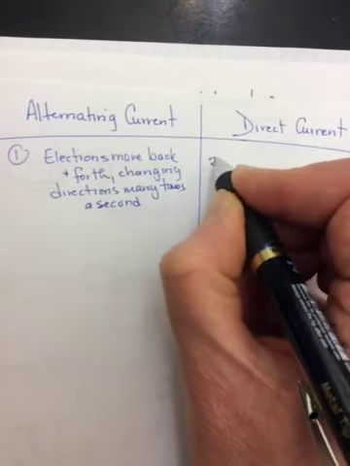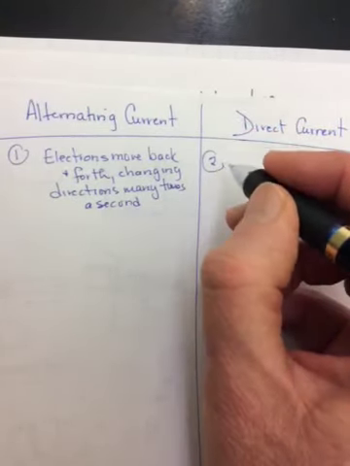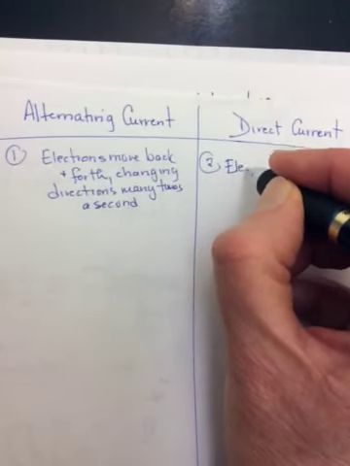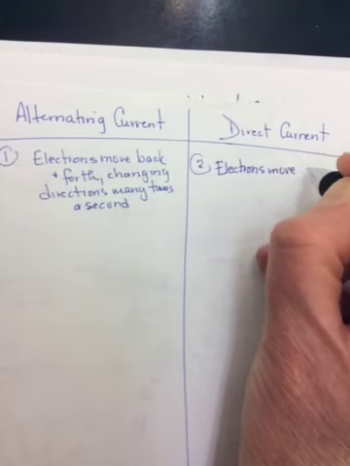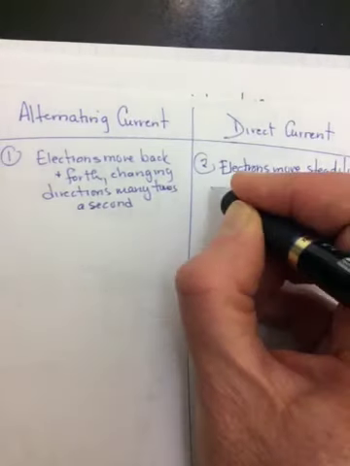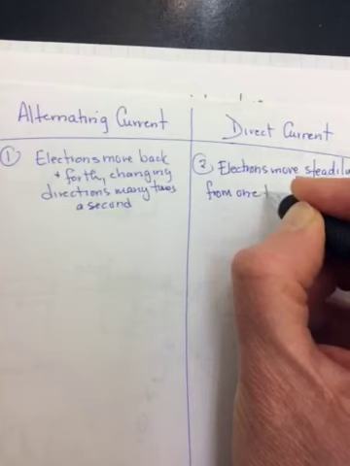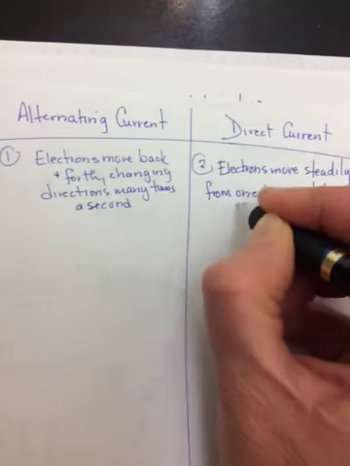For direct current, it would be electrons move steadily from one terminal, meaning of the battery or the power supply, to the other.